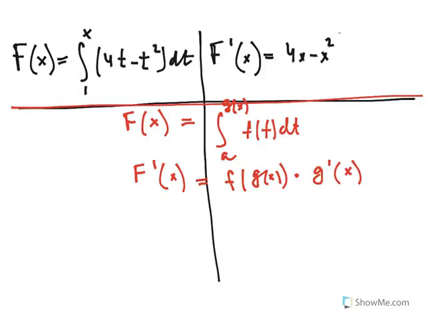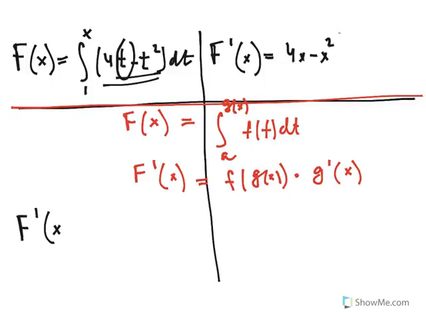So let's apply that. So a function is given, 4t minus t squared, right? And we just want to find the derivative of that. So we simply replace t with x, and then multiply by the derivative of x, which is 1. So let me write it out.